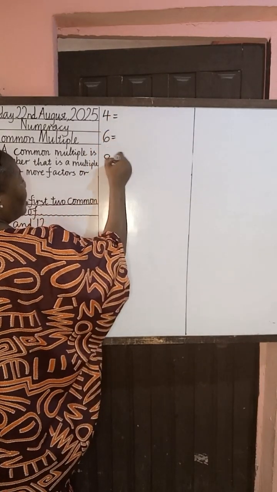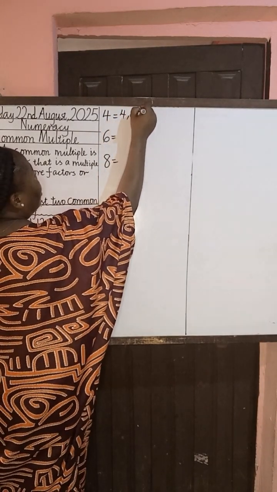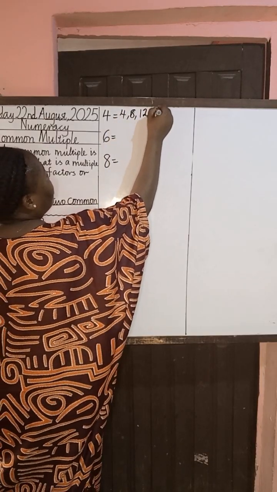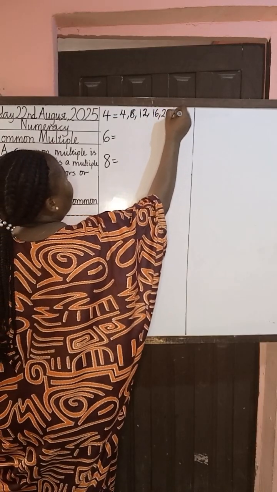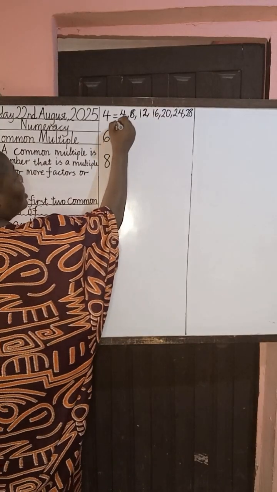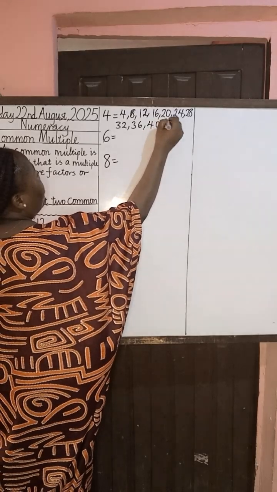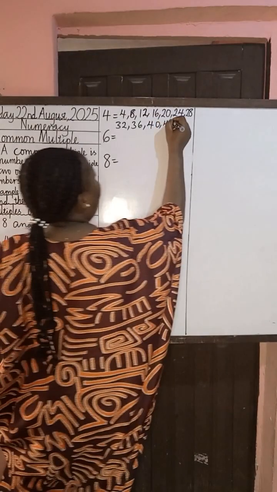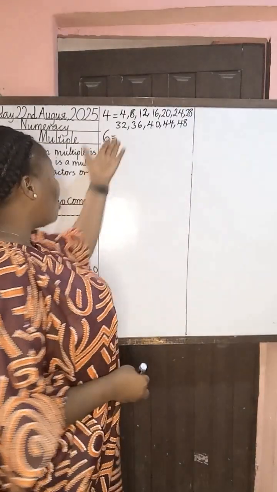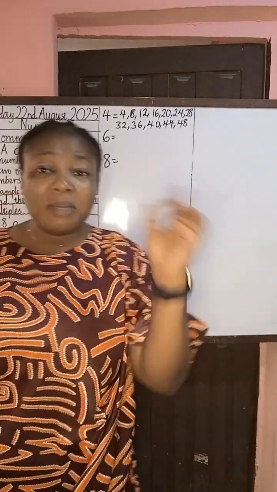For 4, I have 4, 8, 12, 16, 20, 24, 28, 32, 36, 40, 44, and 48. Let me stop there first and see if I'm going to have my first two. It seems I have gotten my first two from the 4.